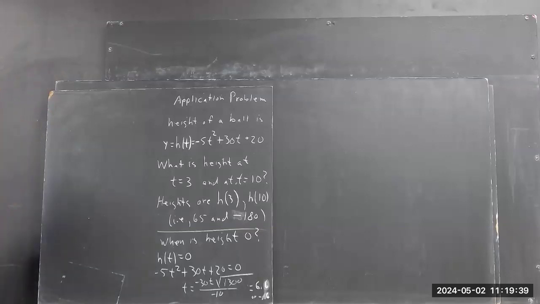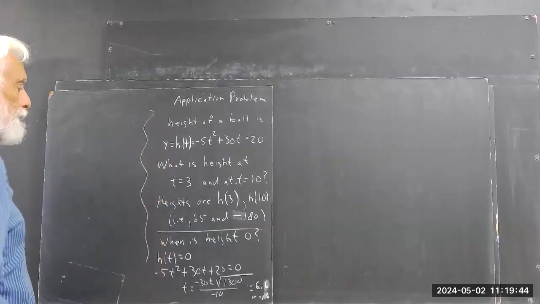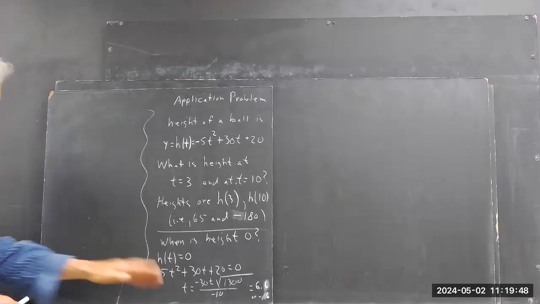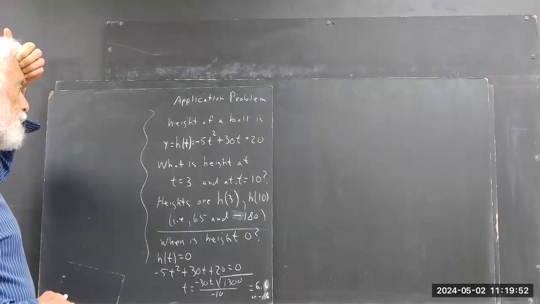And it's speeding up, so there's all kinds of things you can do in analyzing this motion, but we're not doing physics, we're just doing the math, so there you have it. Okay. So we've got some information about this thing.